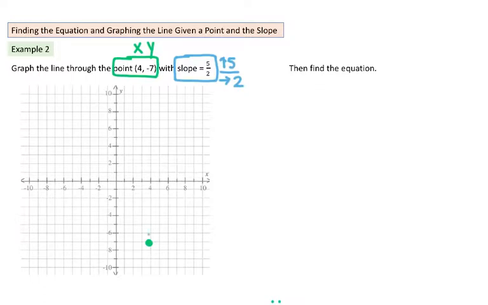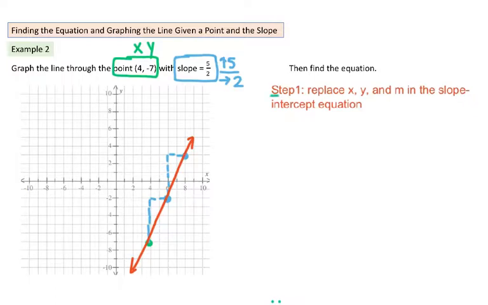We can start on this first point. We'll go up 5 spaces, 3, 4, 5, go right 2 spaces, get another point. If you want to keep doing that, you can get more points, and then we connect the dots to graph the line. Okay, now for the harder part, which is finding the equation. There's 3 steps.